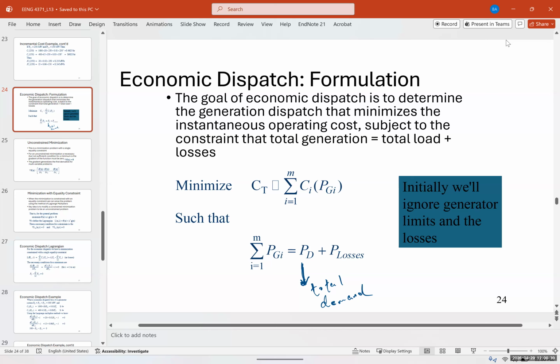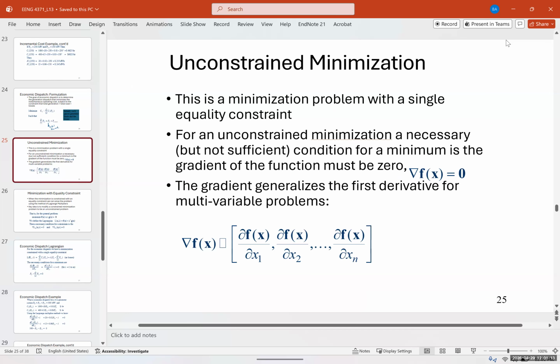These come back in later, so we ignore them for now. With this simplification, the problem becomes to minimize the total cost, subject to the equality constraint that total generation equals total load. This is a constrained optimization problem, and we want to solve it through a method called Lagrange multipliers. I think you're already familiar with this from control systems.